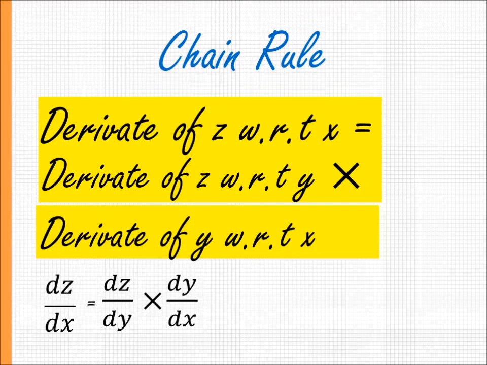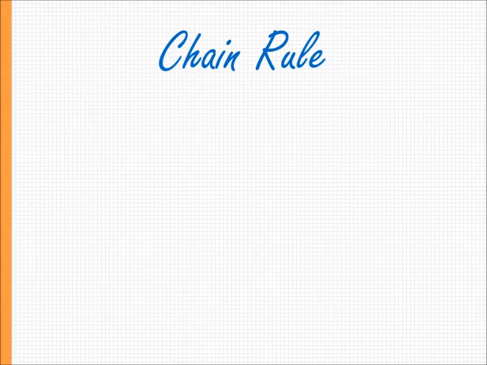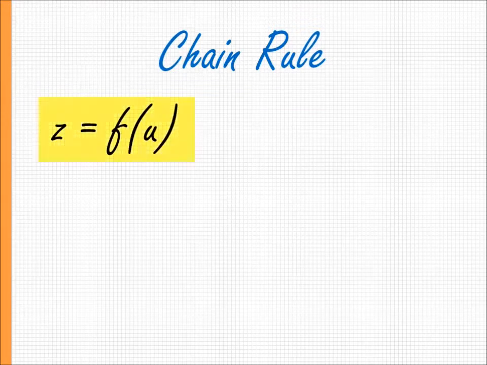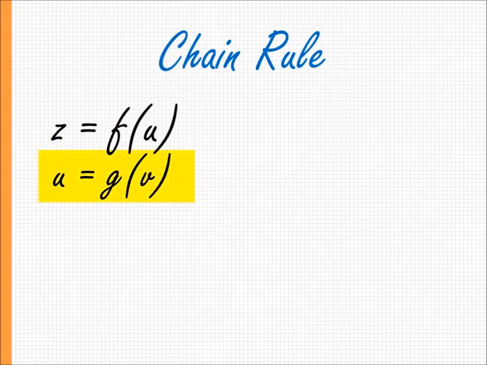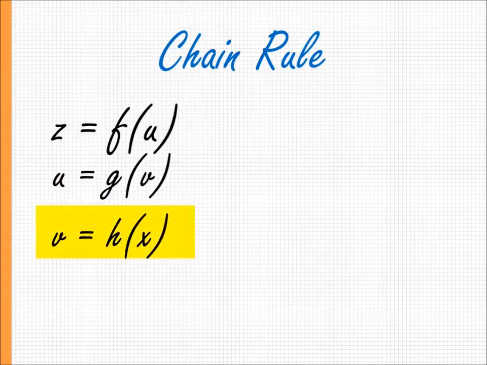Also remember, this chain rule can be further extended to more than two functions. Suppose we have three functions defined as z is equal to f of u, u is equal to g of v, and v is equal to h of x.